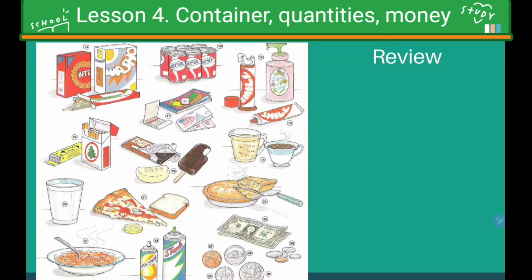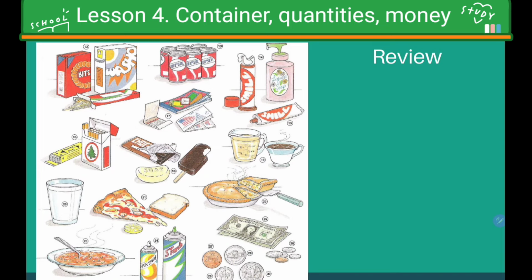Number 19, a cup, and that is also used to measure a woman's breast, a cup size. And number 20, we have a glass of milk, a glass of wine. And 21, a slice of pizza or lemon or bread.